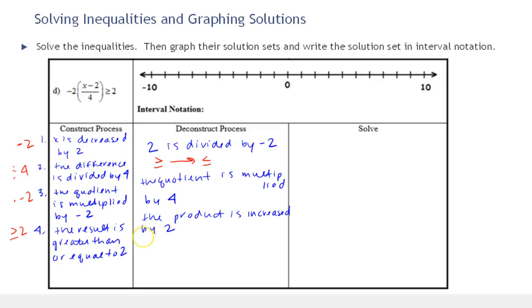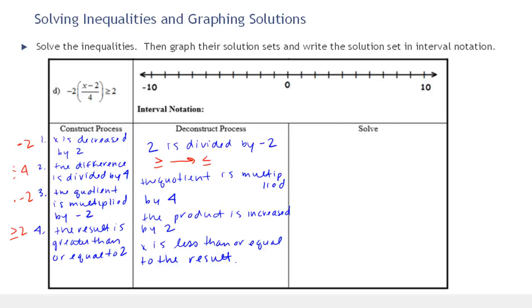And now remember, we start with x and we say x is, now it was greater than or equal to, but we had to switch it, so we're going to write x is less than or equal to the result.